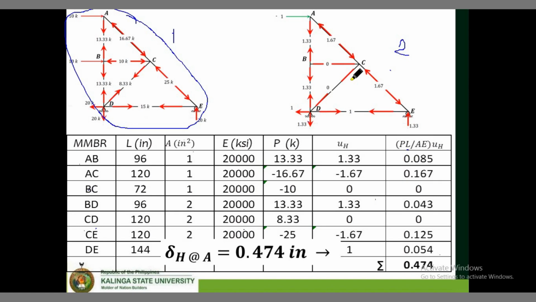Kapag ang sinasabi sa problem ay horizontal deflection, yung unit load ninyo ay either to the right or to the left. Then after that, solve for the reactions, and then again, using method of joints or method of sections, isolve nyo yung mga values ng mga bar members. Okay? So that is truss deflection.